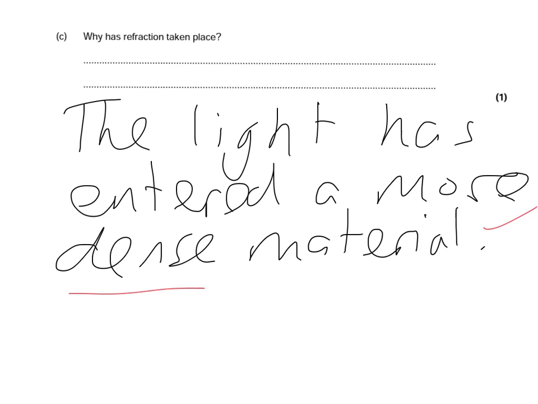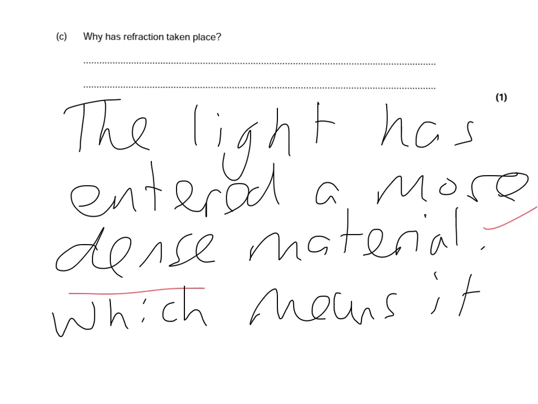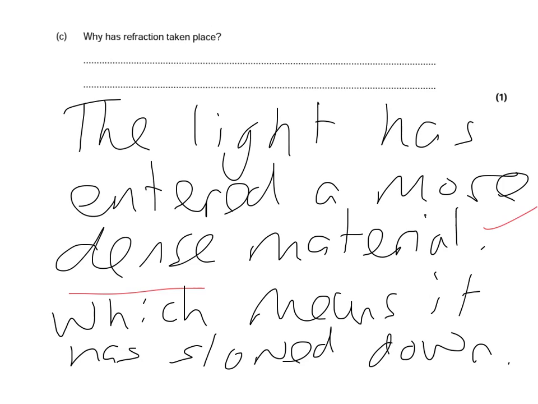However, if you want to explain that process further, the light has entered a more dense material, which means it's slowed down. And because the light hits at an angle, as it slows down, part of the light slows down first, which causes it to bend.